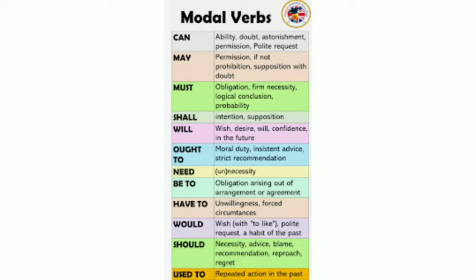Would shows the wish or the polite request, like I would love to do this. It is showing my request or my wish, my inner desire, what I want. Used to shows the repeated action in the past, like if anyone has a habit of going to a movie every week, I used to go to movies.